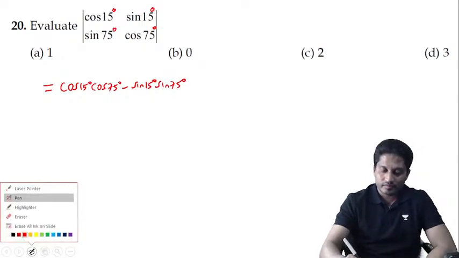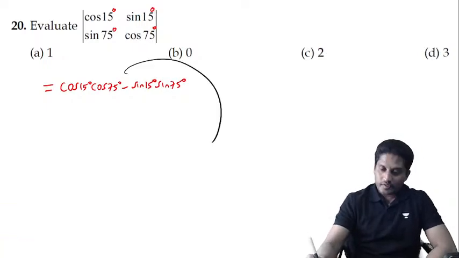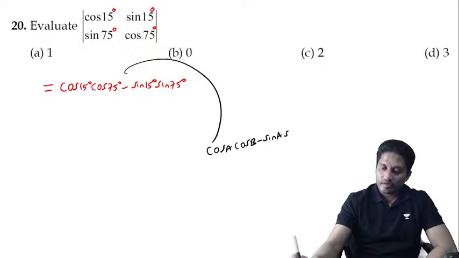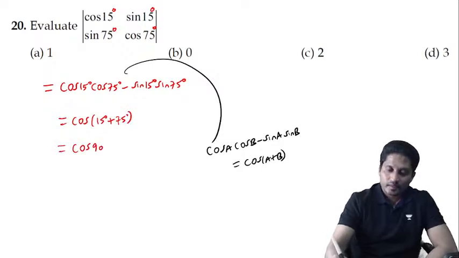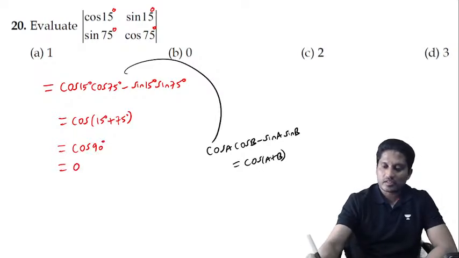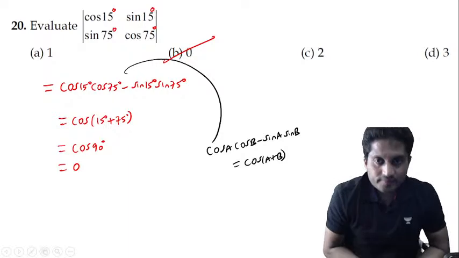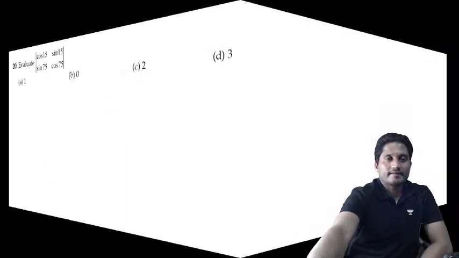But this is of the form cos A into cos B minus sin A into sin B, which is equal to cos of A plus B. So this is cos of A plus B means cos of 15 plus 75, which is equal to cos 90. And cos 90 will be equal to 0. Answer is option B. Alright, let's move to the next question.